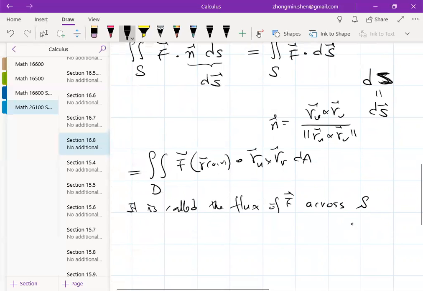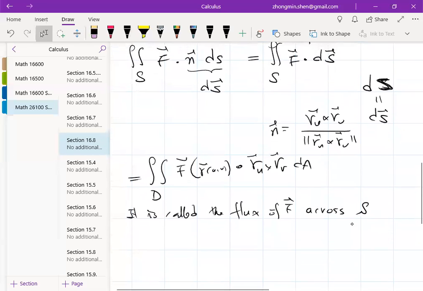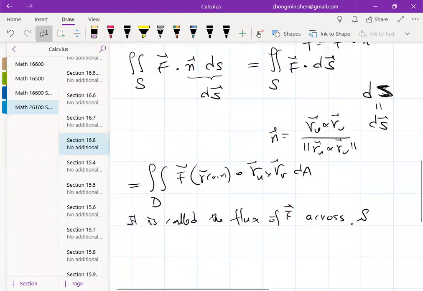Well, in general, it's very complicated to calculate. In certain cases, let's do one example. And then I'm going to talk about the so-called Stokes theorem, which can be used to evaluate this kind of integrals.